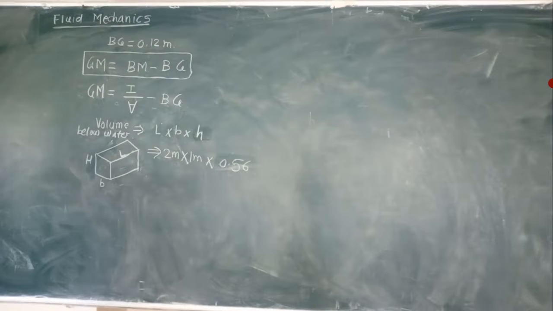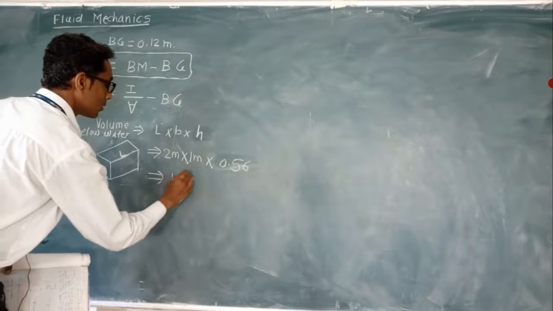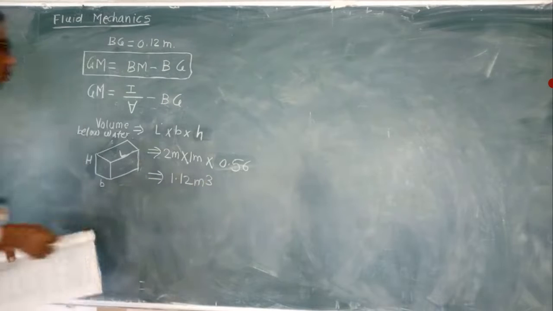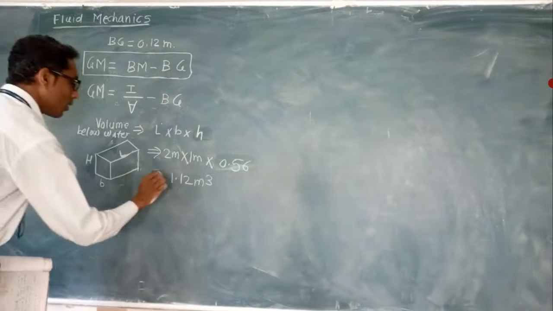Do the calculation now. How much comes? 1.12 meter cube. So we have got the volume now.